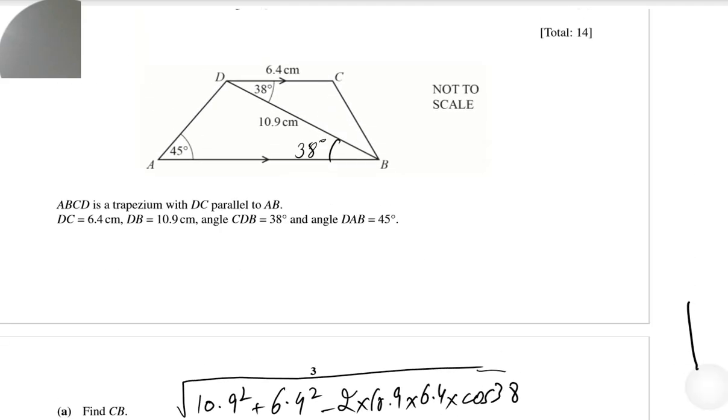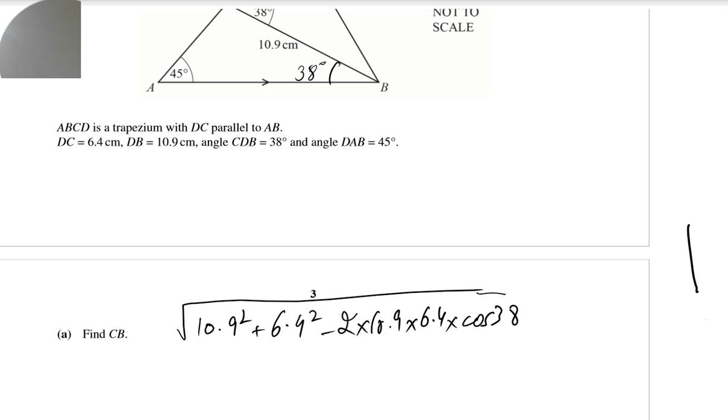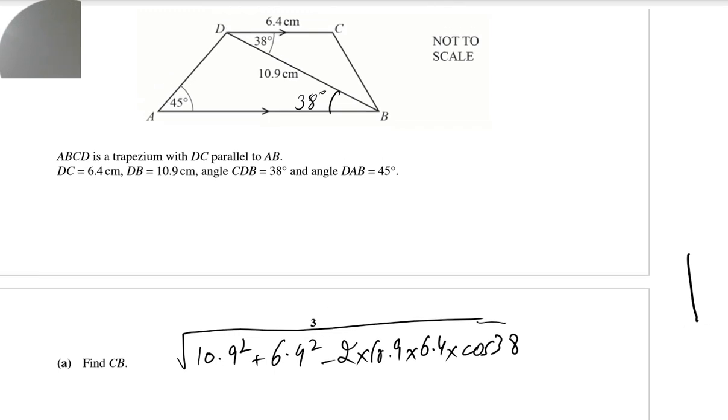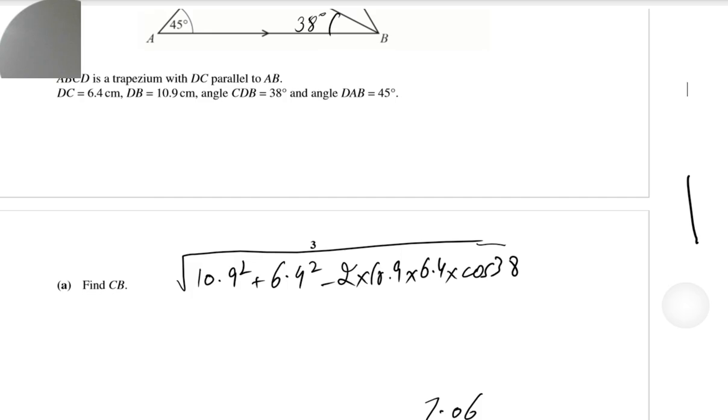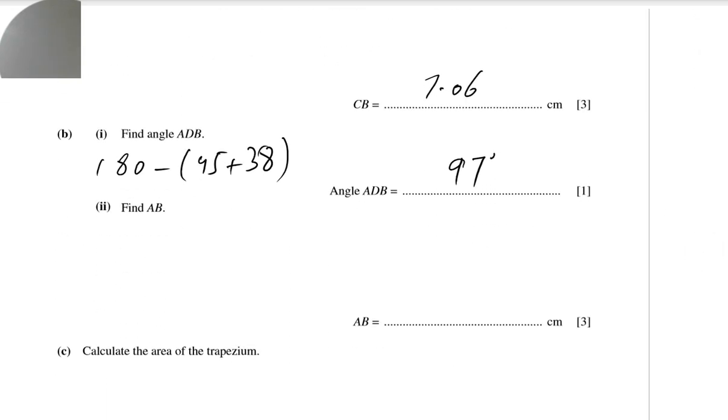AB. For finding AB, we have two sides and three angles. So you can use the sine law for finding AB. I have this angle we just found, and you can use these two things. So sine of 97 over AB, or AB over sine of 97. You can use the sine law both ways. Why did I put AB in the numerator? It will be easier to make it the subject.